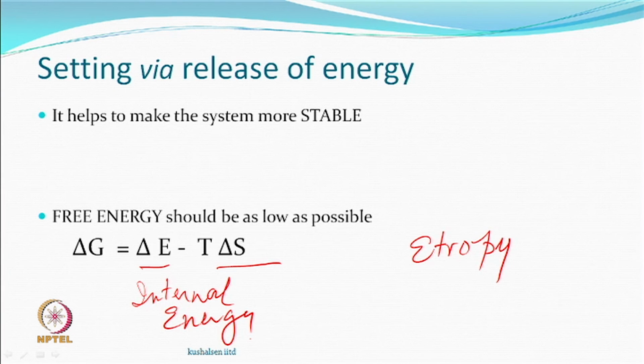So, now we have to see in our terms, in the fiber terms, in the yarn terms, what they mean. What it obviously means is that if you want any state to be more stable, the delta G should be negative. That means release. So, whatever was the energy level, if delta G is negative, we can be quite assured that we are going towards a stable state.